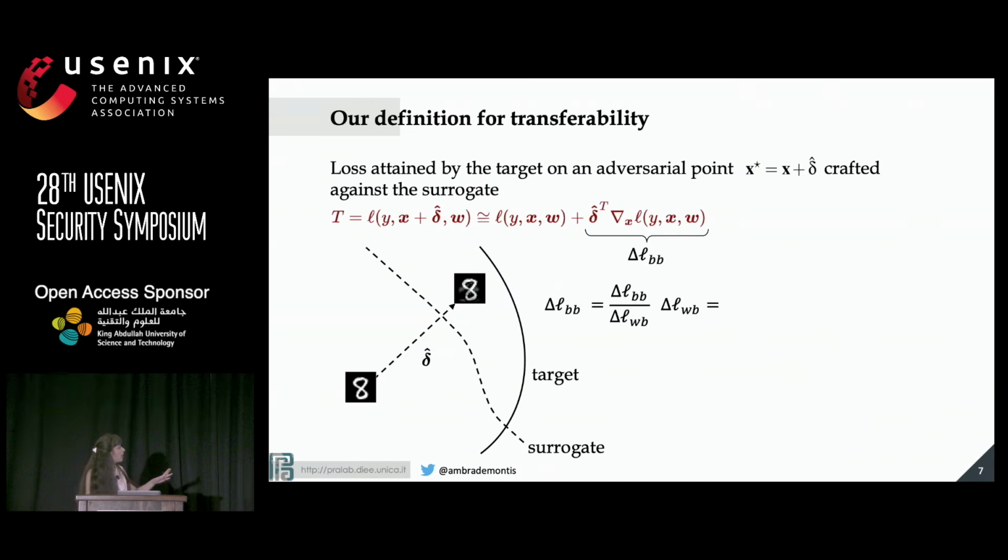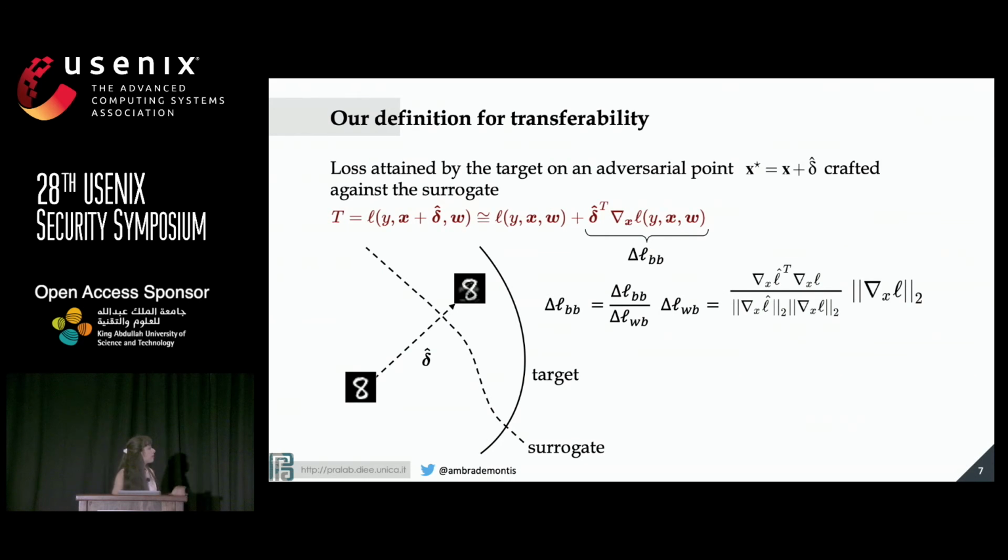If we consider how much the loss increases on the target due to the perturbation computed on the surrogate, so in the black box case, we have delta L, with BB standing for black box, and we multiply and divide it by the delta that we have if we compute the attack directly on the target.